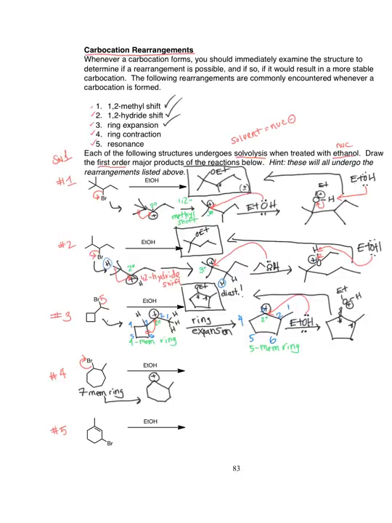So what we're going to do is a contraction. So the ring contraction will allow us to make sure that we get from a 7-membered ring to a 6-membered ring. And so we're not doing this necessarily to become secondary versus tertiary. We actually want a more stable product at the end, so a 6-membered ring over a 7-membered ring. So how could we do a ring contraction?